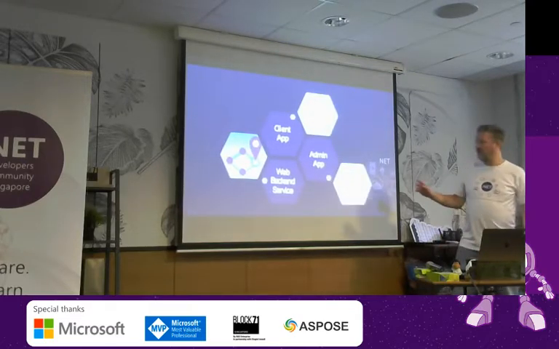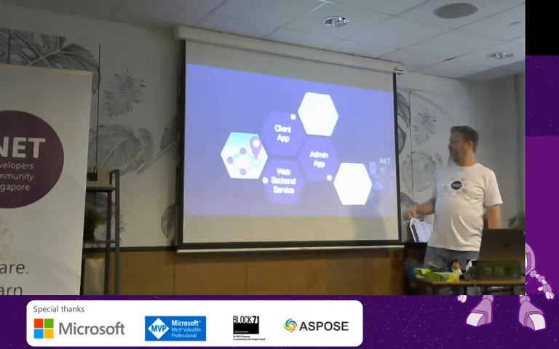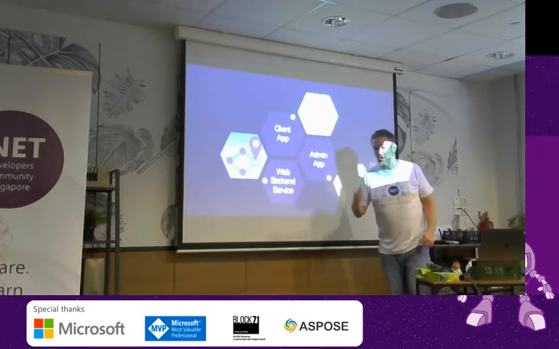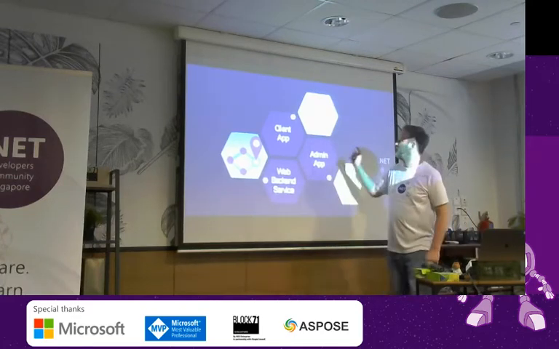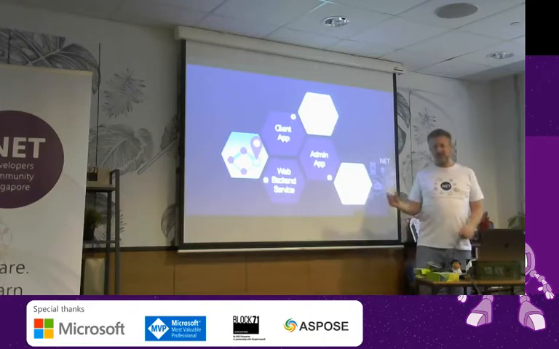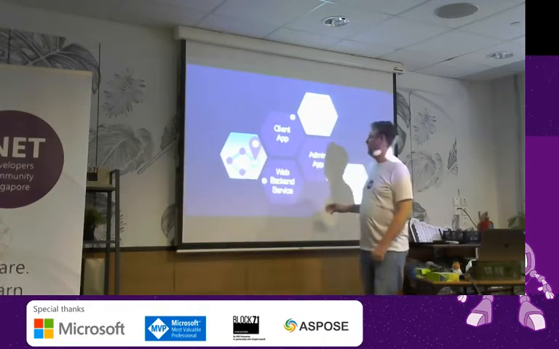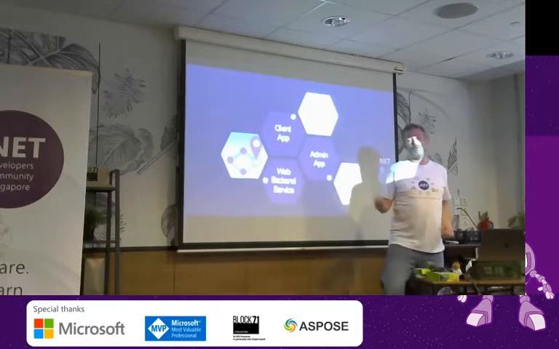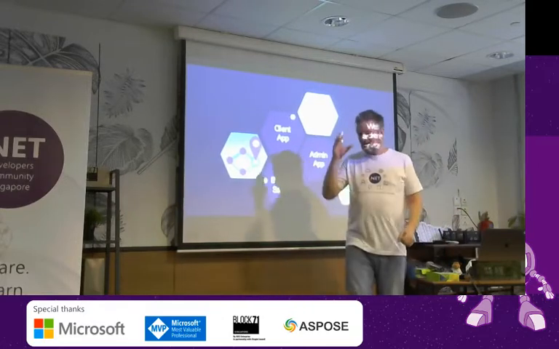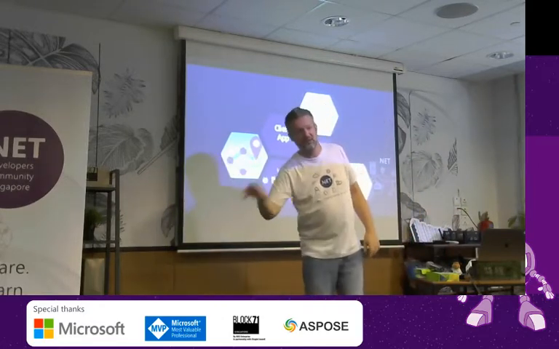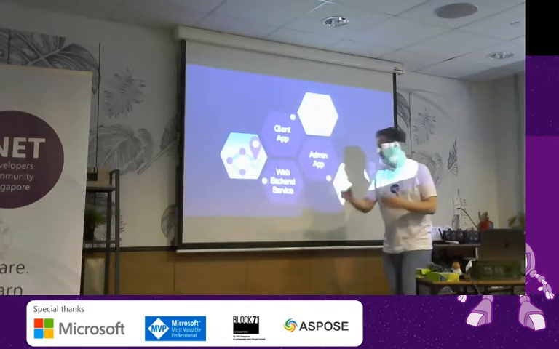So we are going to be using a Xamarin client app, which is going to be able to retrieve anchors that we would have dropped with the admin app. So with the admin app, I look at the floor, I drop a box, it's there, and then with a client app, which everybody could download if I publish it, let's say, you'll be able to find the same objects on the surface.